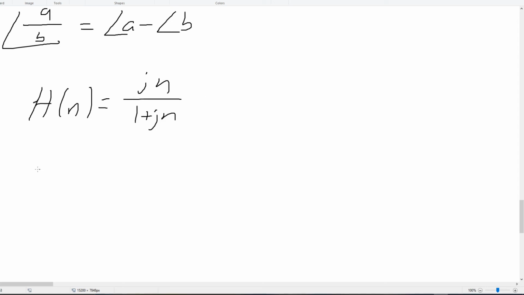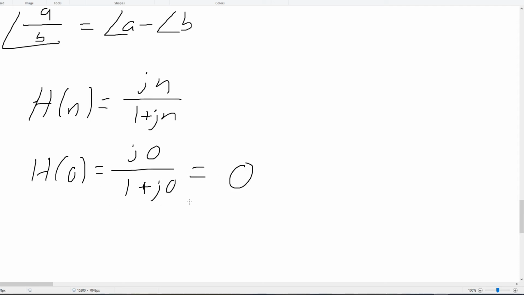So that must mean that for H0, we plug in 0 everywhere we see n. So this is J0 over 1 plus J0, which is ultimately 0, right? 0 over 1 is equal to 0. Very simple. So that's part 2 right there. That's all of part 2.